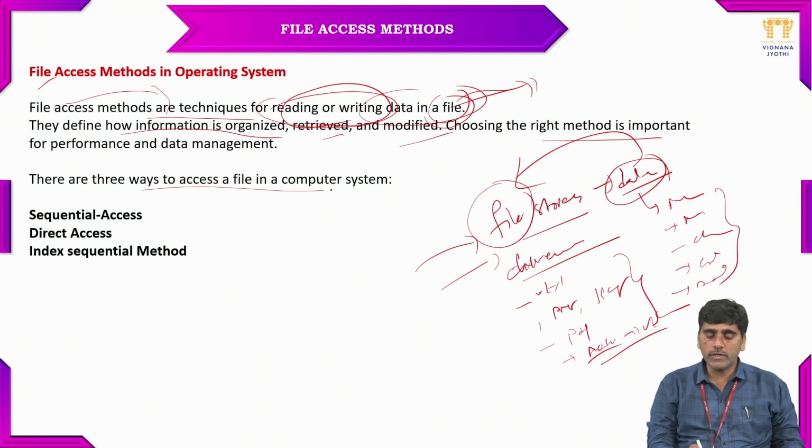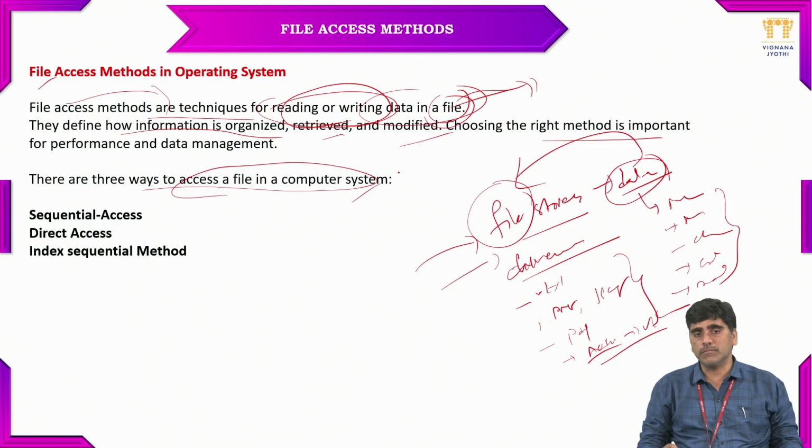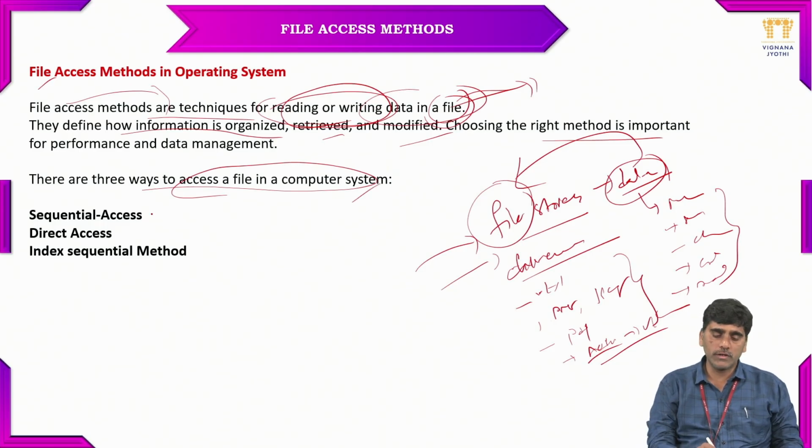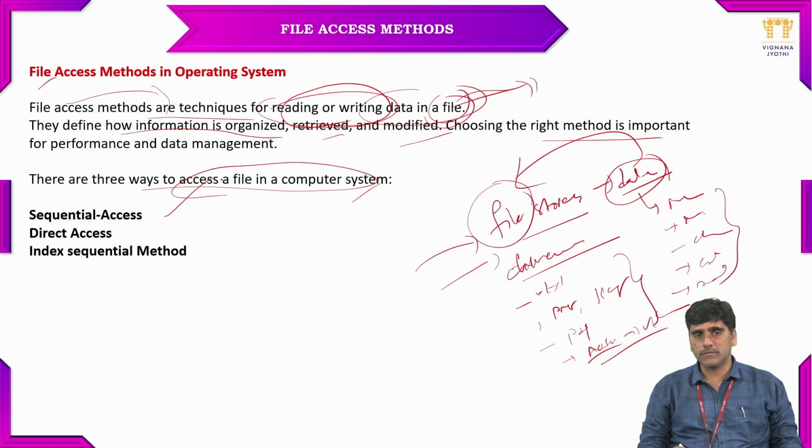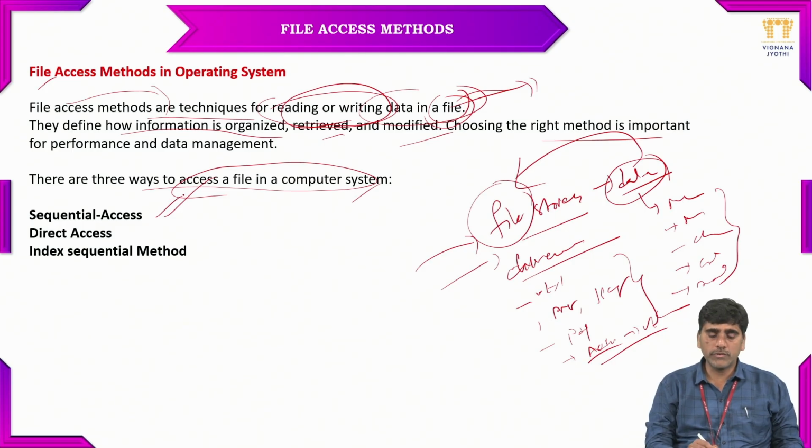There are three ways to access a file in a computer system. The first one is sequential access. The way we allocate in a sequential manner, in the same way we access in a sequential manner. The second one is the direct access method, which is also a method for file accessing.